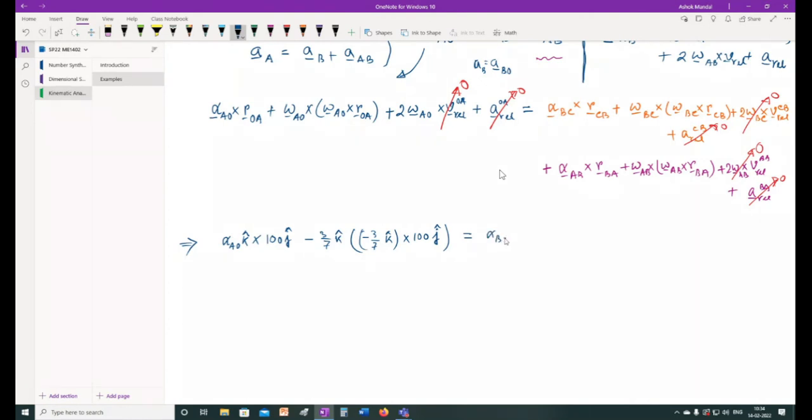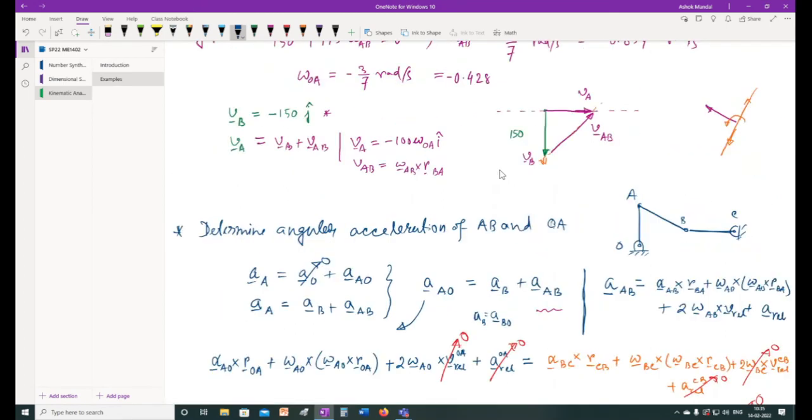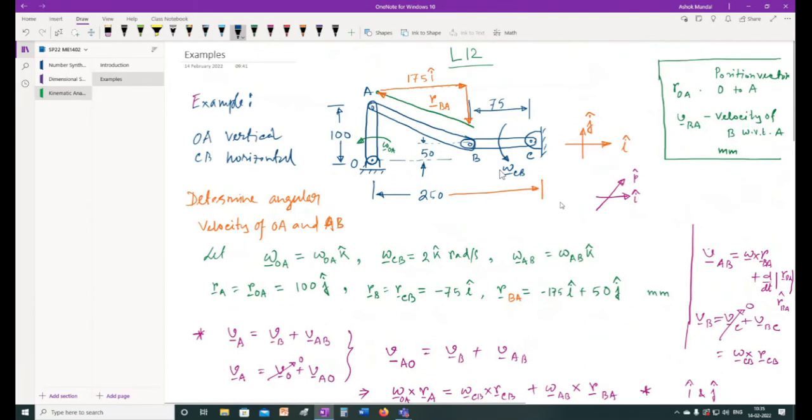Not known to us. Let us say not known. And what is RCB? Is it known to us or not? Alpha BC is equal to 2k radian per second.